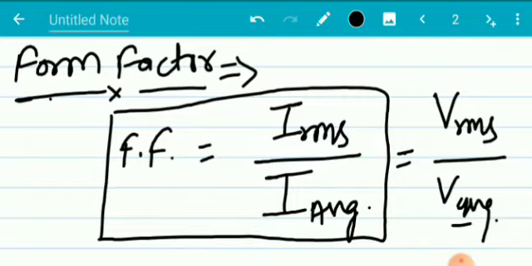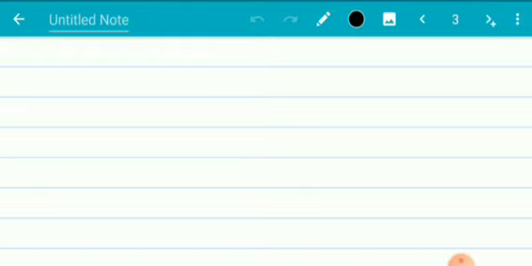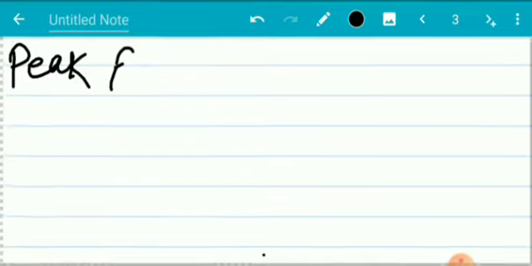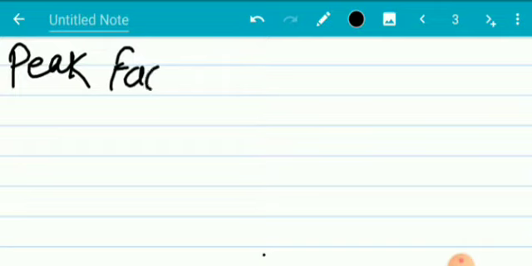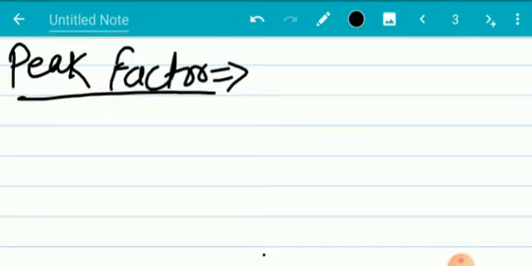Now the next one, that is our peak factor. And the definition for the peak factor is the ratio of the maximum value of the quantity with the RMS value of the quantity.